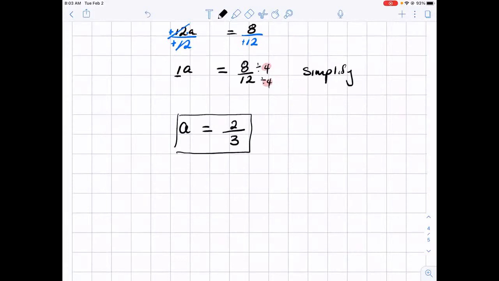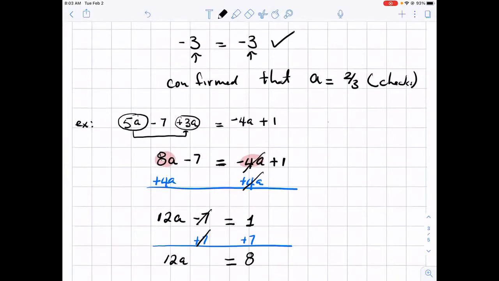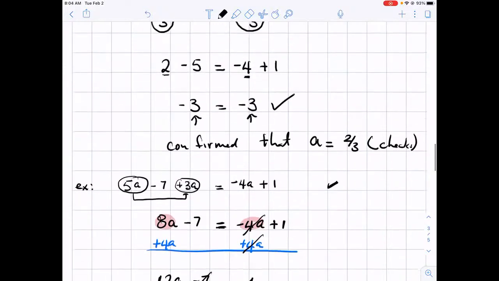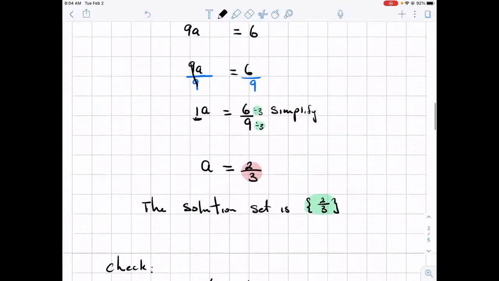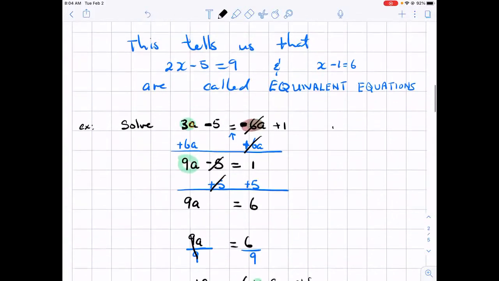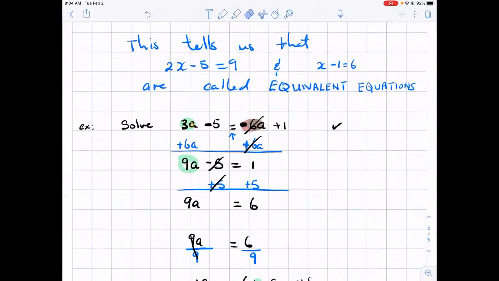It's a coincidence. So this problem here and the first example, although they're different equations, they are equivalent. That's the check. Just pointed that out to you.